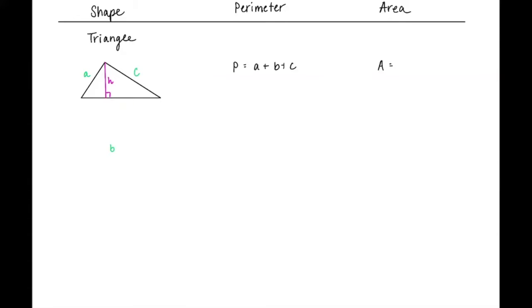I'll call this side C, this side B. You need this length and the side it runs perpendicular to be able to find the area of a triangle. And so this area is 1/2 that base times the height. So you need the side that the height hits to find that area.